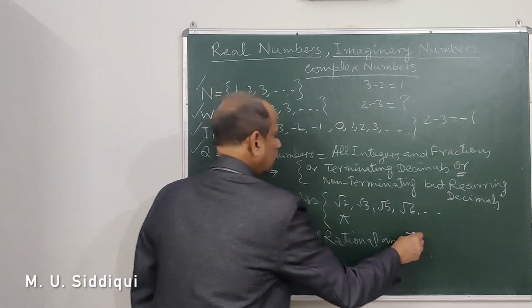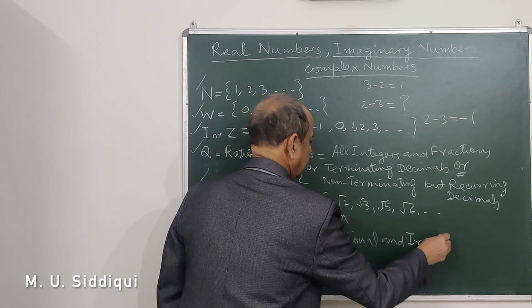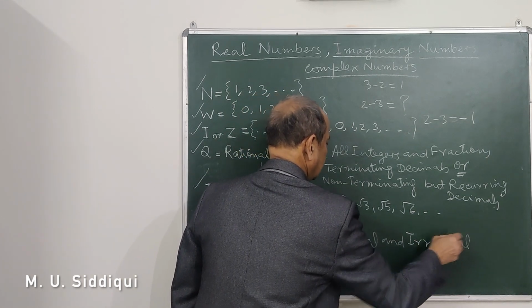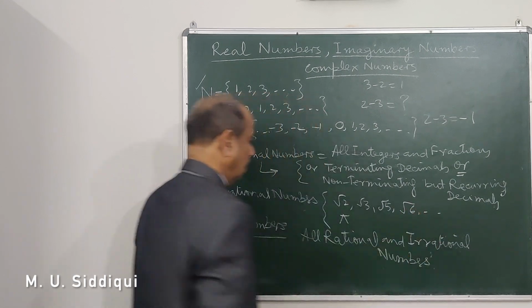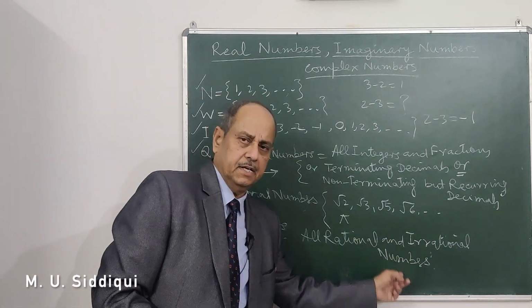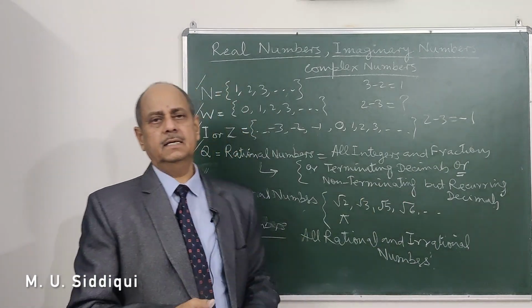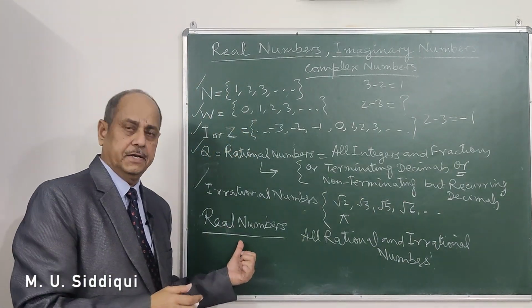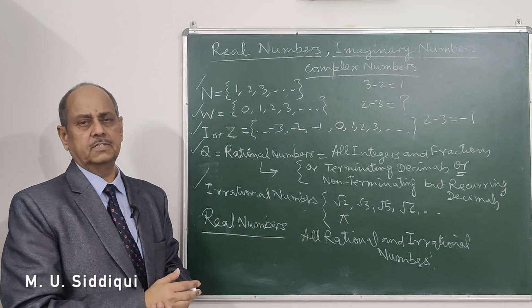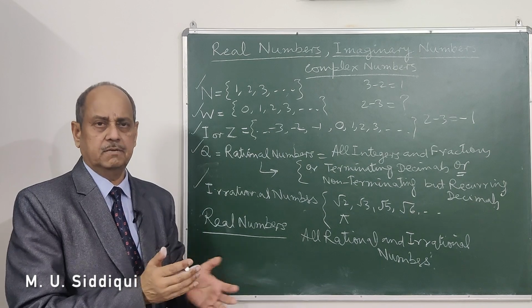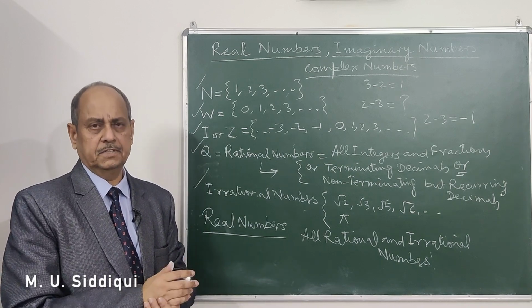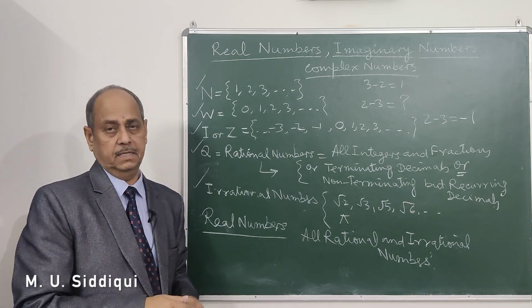A set which contains all the numbers which are rational or irrational taken together, they are the numbers which are called the real numbers, and that set is called the set of real numbers. This is that much which our students of class 10 know. Now today we will go further.